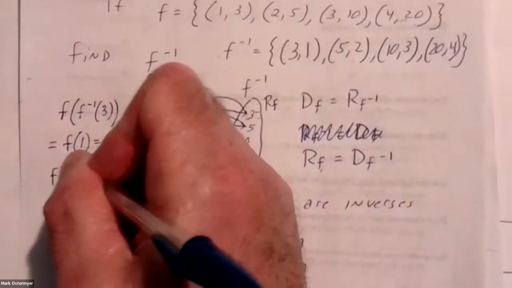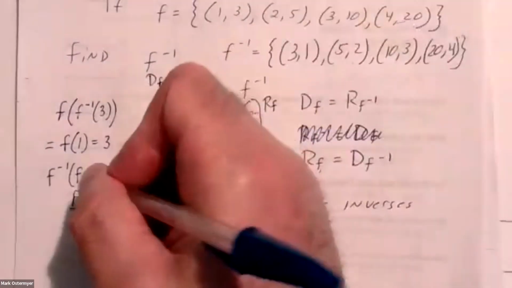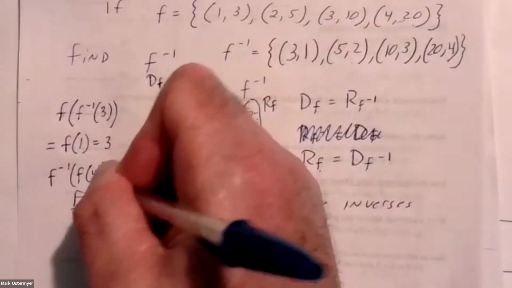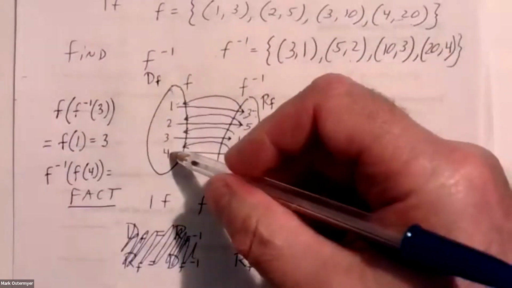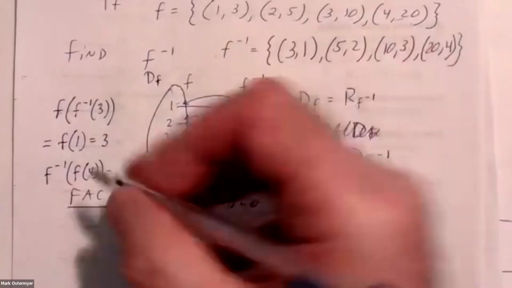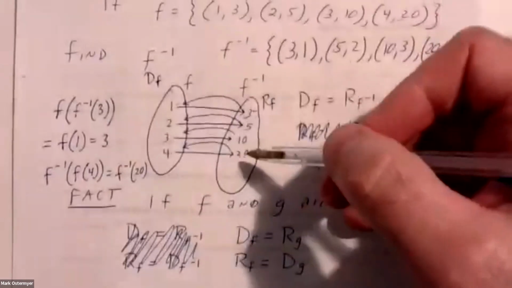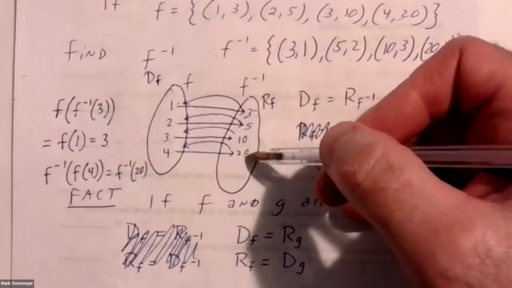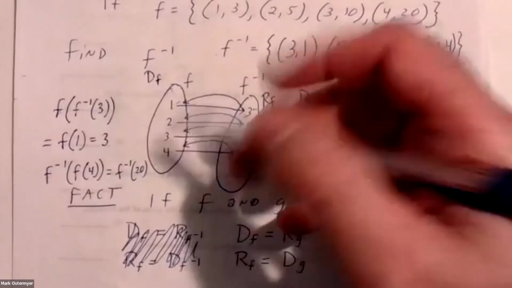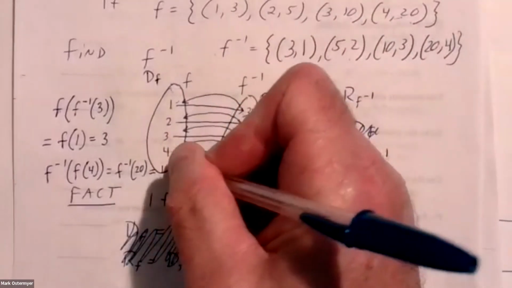Well, you can spin it around. You could say, what would be f inverse of f of 4? Well, what's f of 4? f of 4 is 20. So 20 becomes the input in the inverse function. But what is f inverse of 20? Well, the inverse function takes 20, maps it right back from whence it came, back to 4. So that's equal to 4.